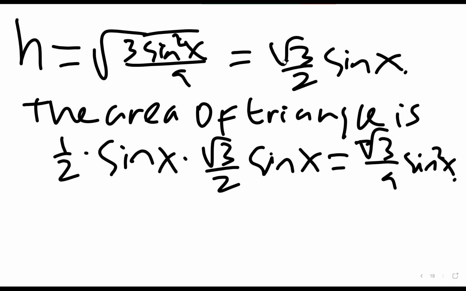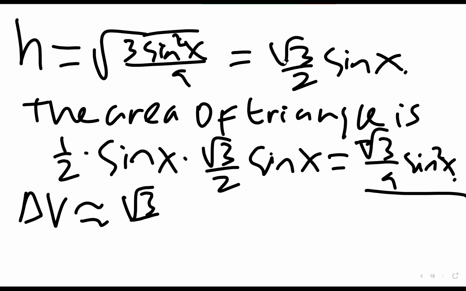So in this case, the volume delta V of the cross section is just the thickness of the cross section, namely delta x, multiplied by the area of the cross section. So we have square root of 3/4 sine squared x delta x.